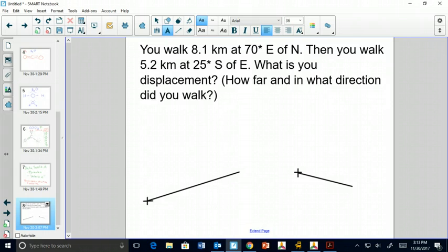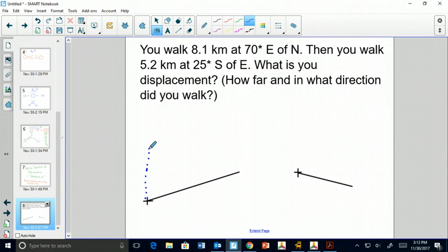So we can see that this guy is going, here's north, right? So he's going from that north piece, he's 70 degrees east of north, right?